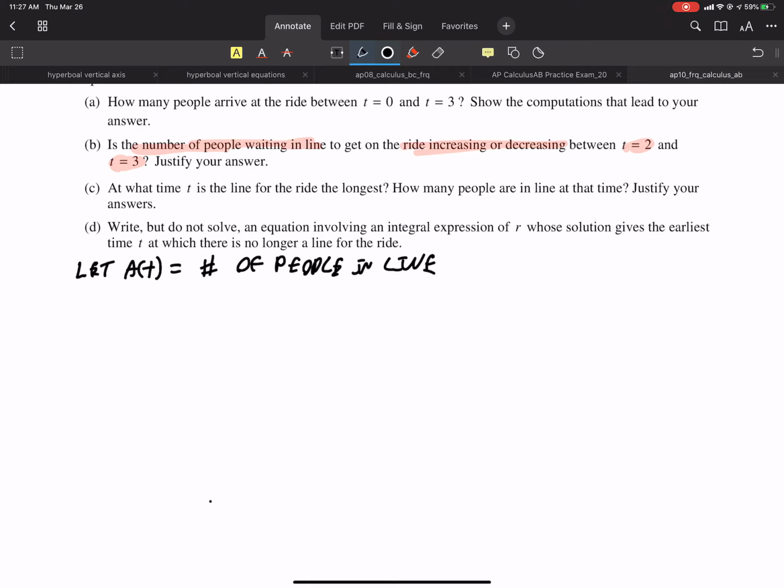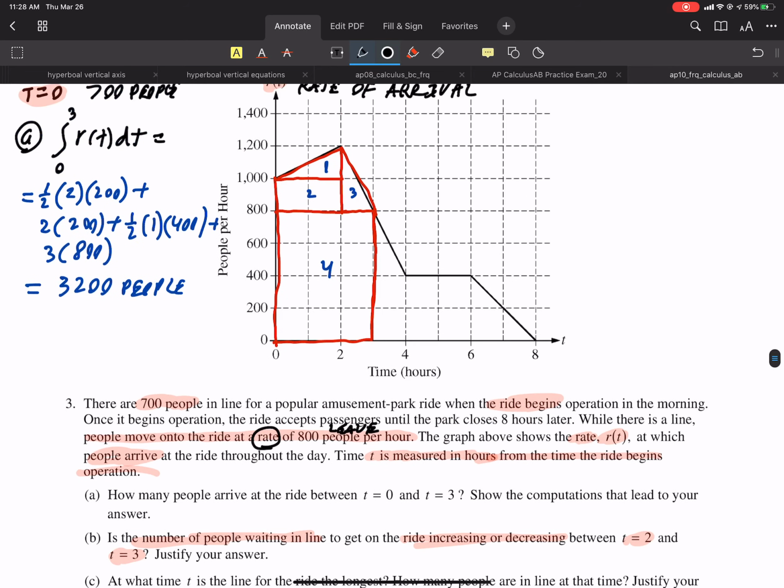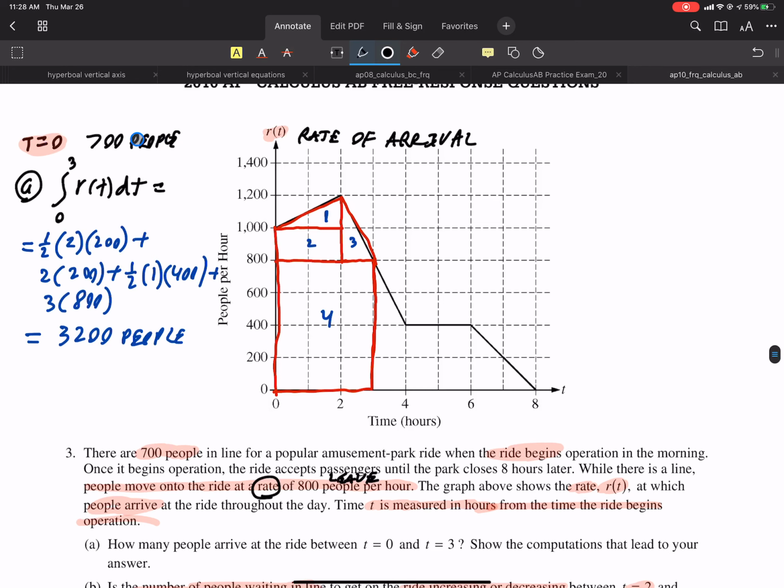And then, like any other accumulation problem, it's a start amount plus the people that arrive minus the people that leave. And we are told we start with 700 people.